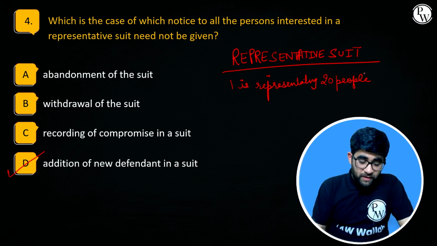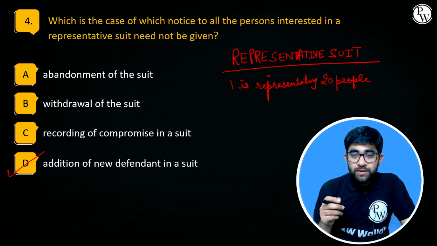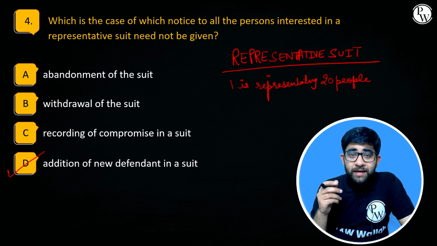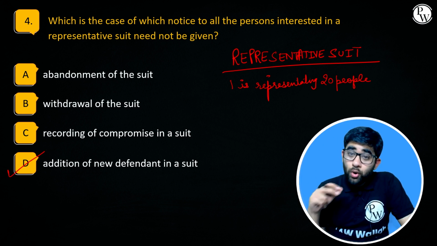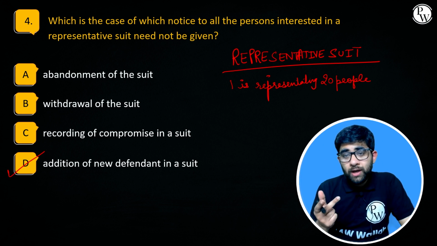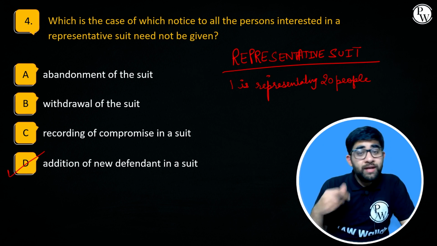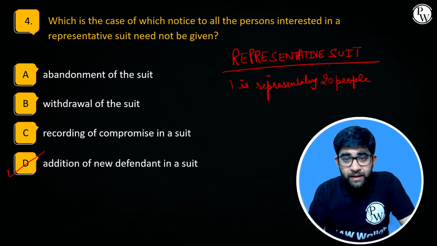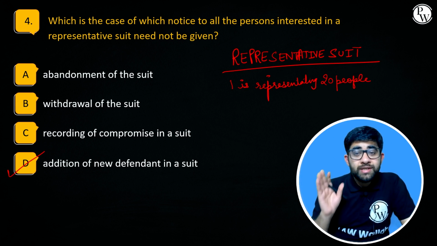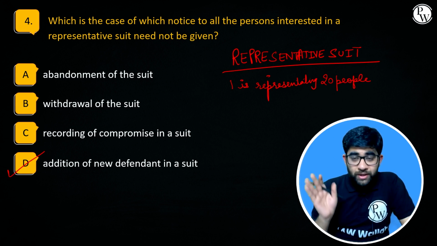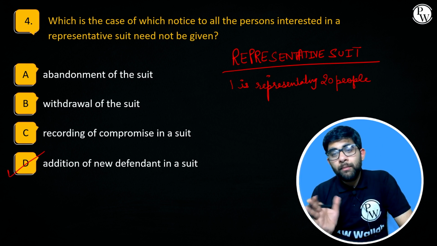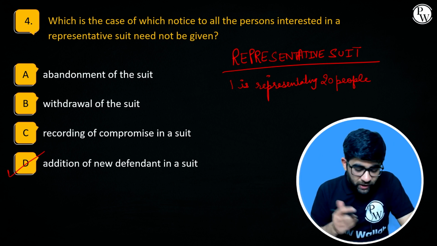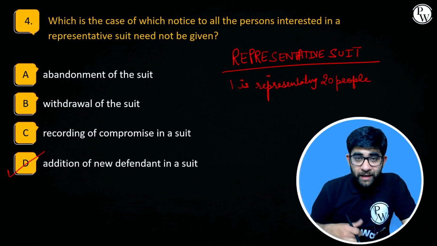Wherever there is abandonment of the suit against one or all, it is necessary that a notice be given to all of them. If a withdrawal of a suit is there against only one person, or by one plaintiff, or against other defendants, then also all the notices shall be given. All notices to everyone should be given, and recording of a compromise, again a notice should be given. Now addition of a new defendant does not require the notices to be given to all, right?